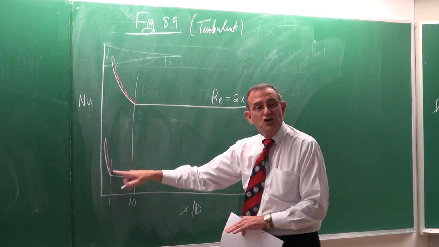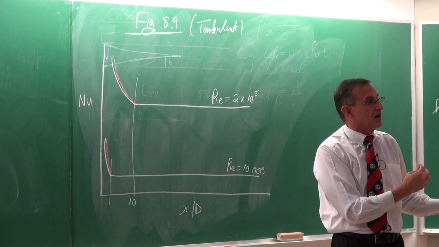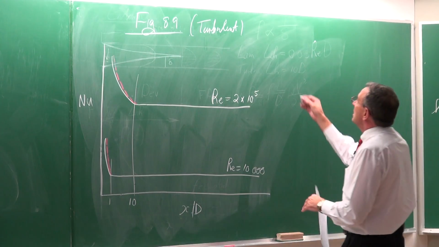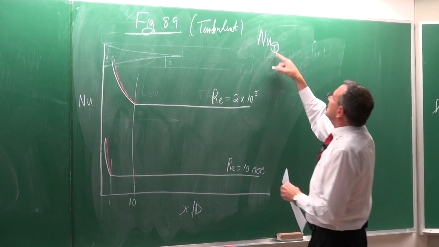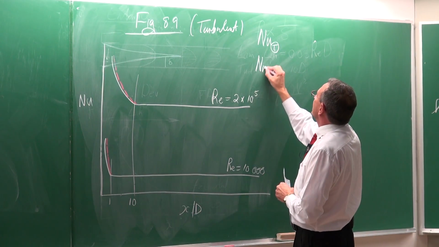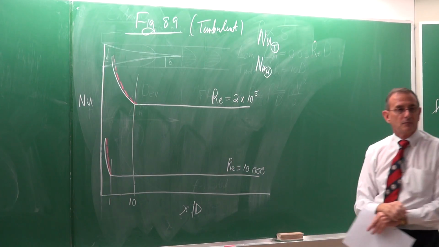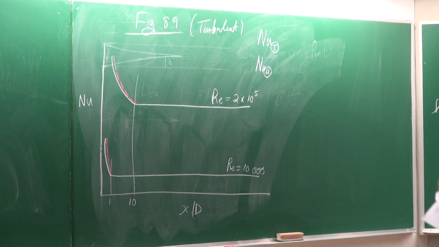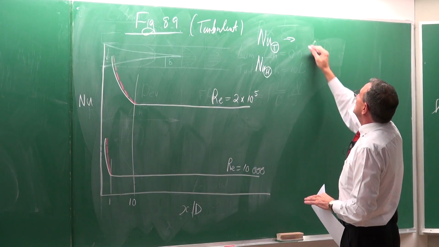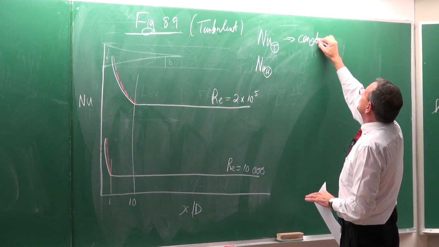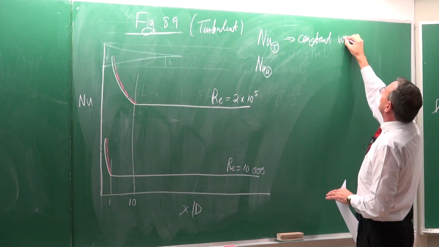This is a distinction that we're going to start making in this chapter, which is very important, because it refers to a Nusselt number T, and a Nusselt number H. Now, what's the difference between the two? The difference is that this one is for a constant wall temperature.